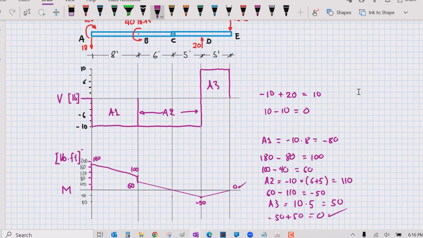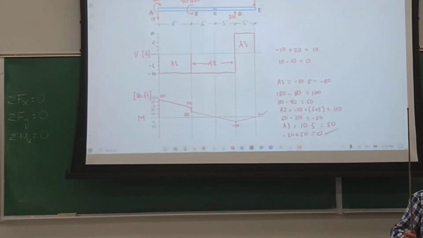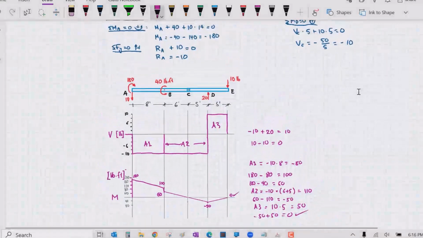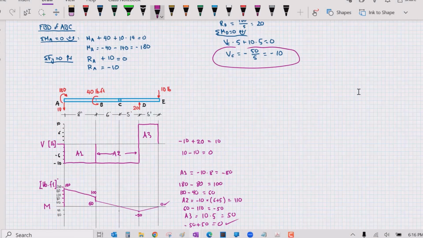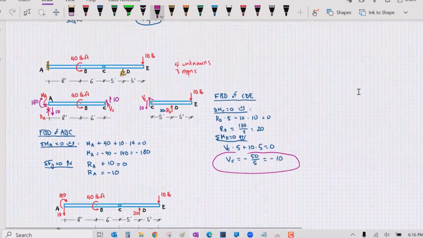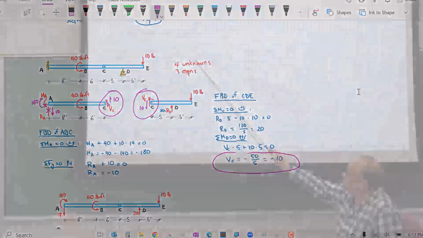All right? You see? What happened with the shear at C? Remember the shear at C? Did we do anything with that here? Remember that we found the shear here. Let's check. Is the shear at point C equal to... Actually, is that shear positive or negative?